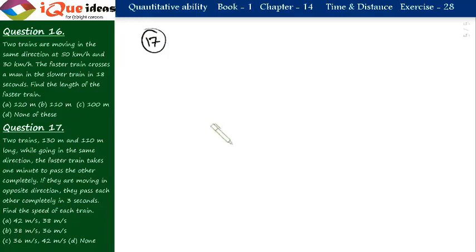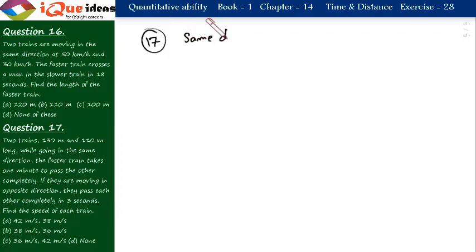Now the next question, question number 17. It says two trains 130 meters and 110 meters long, while going in the same direction, the faster train takes 1 minute to pass the other completely. If they are moving in opposite directions, they pass each other completely in 3 seconds. Alright, so in the same direction, time taken is 1 minute, that is 60 seconds, and in the opposite direction the time taken is 3 seconds.